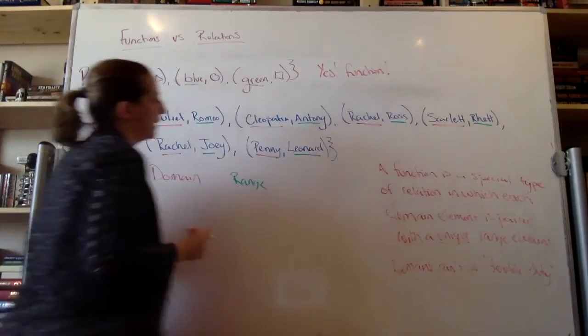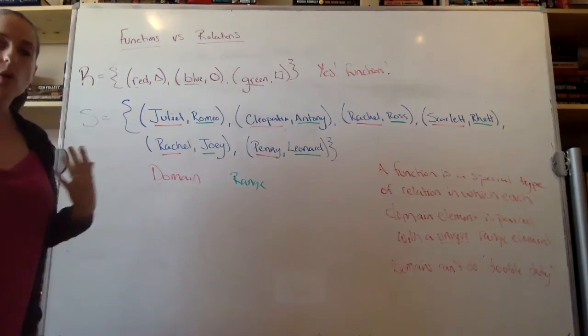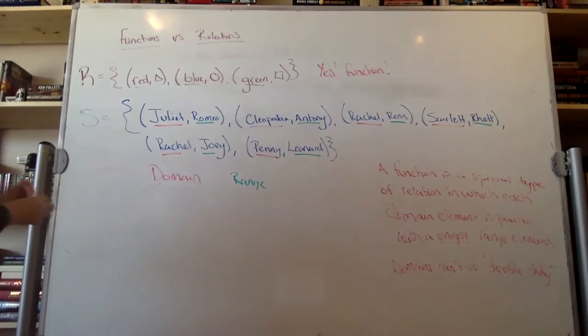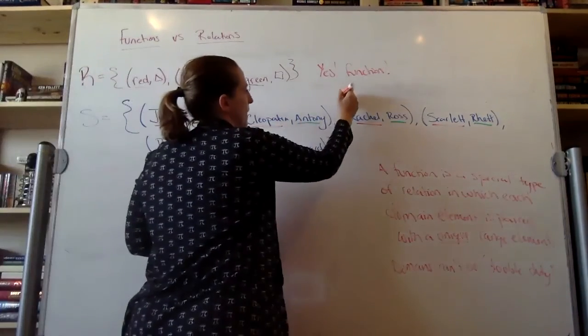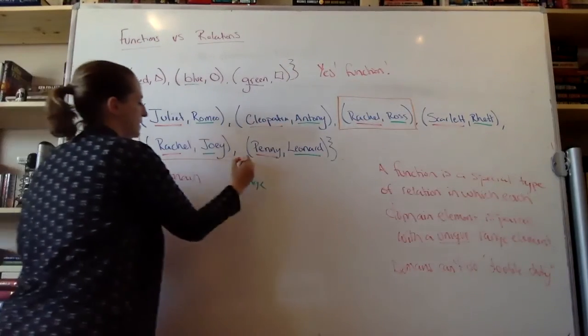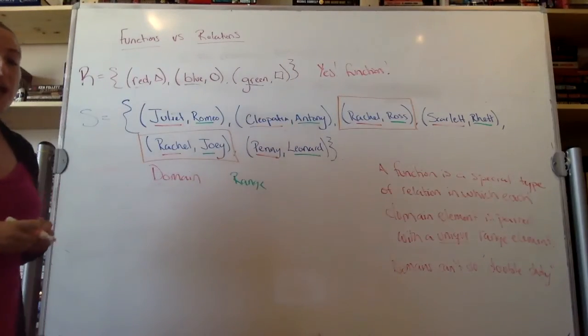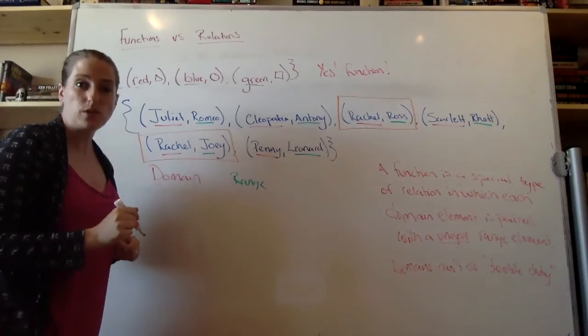Yay! Okay. Unfortunately, that means S is not a function. Why does S fail to be a function? Well, S fails to be a function because if we look at this ordered pair and this ordered pair, we have one domain element, Rachel, who's doing double duty, right?